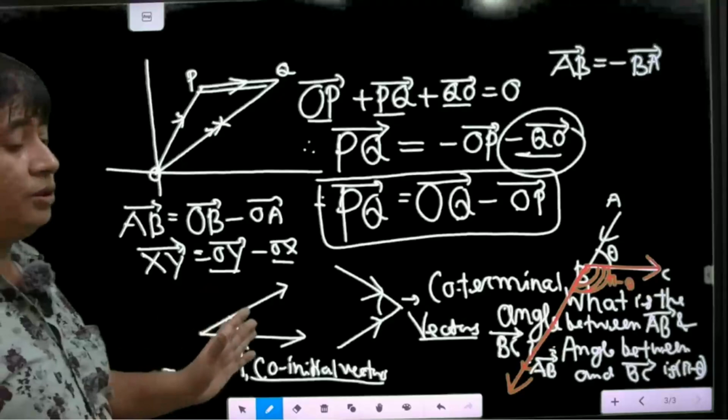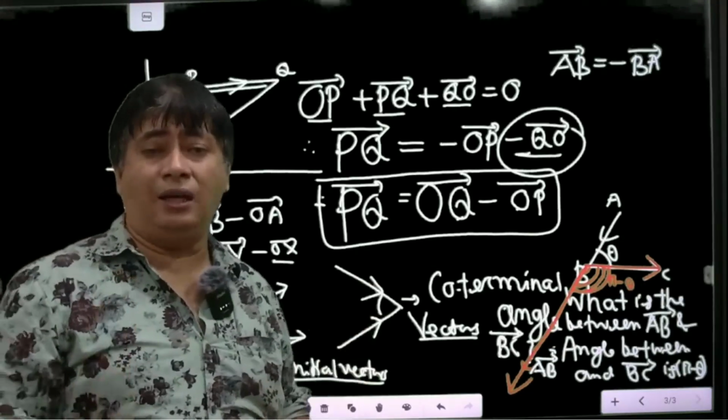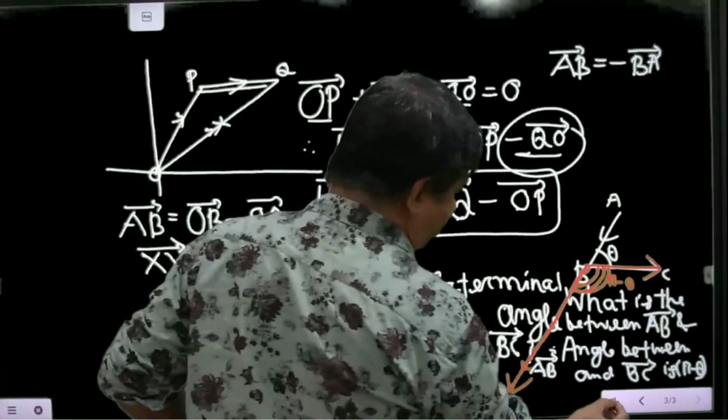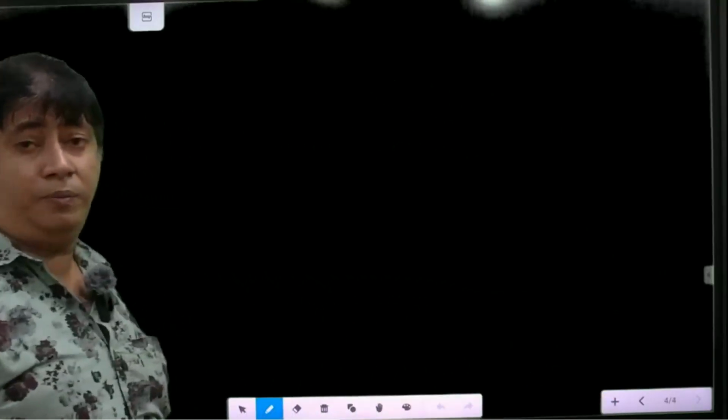Okay, so this is the way you can find the angle between two vectors. Hope you could follow.